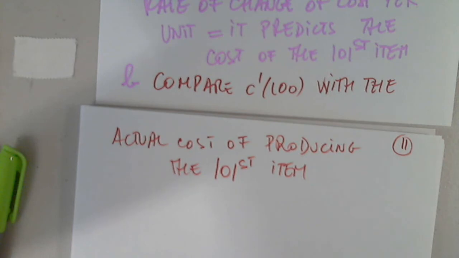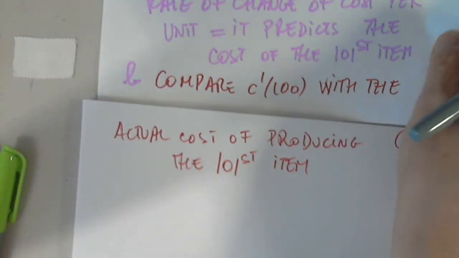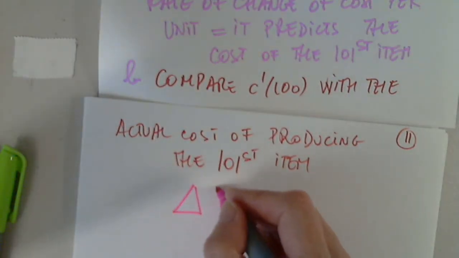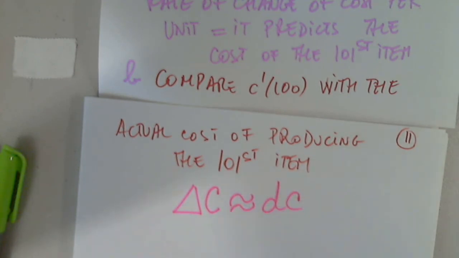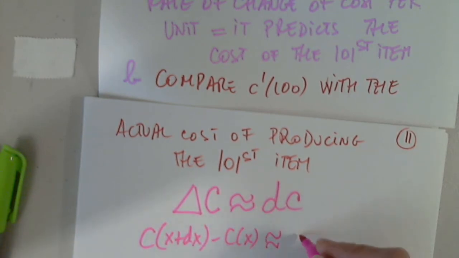So what I'm really saying is what I've said a few minutes ago. The actual difference in the cost, which is the cost of x plus dx minus the cost of x, is approximately C prime of x times dx.